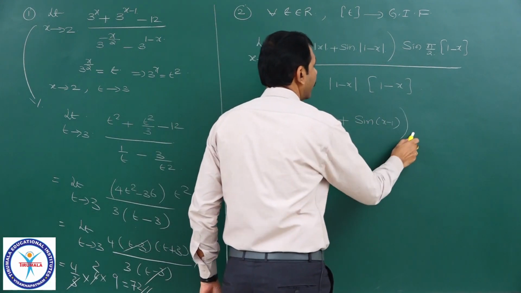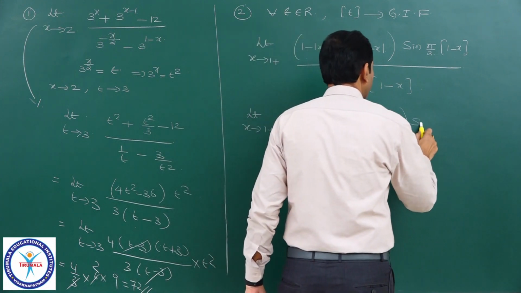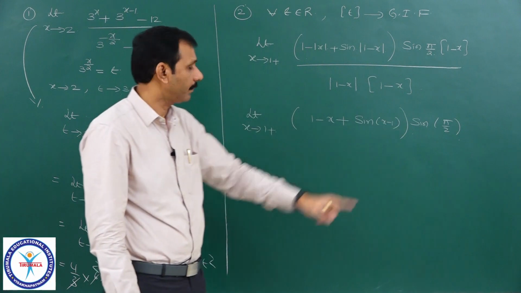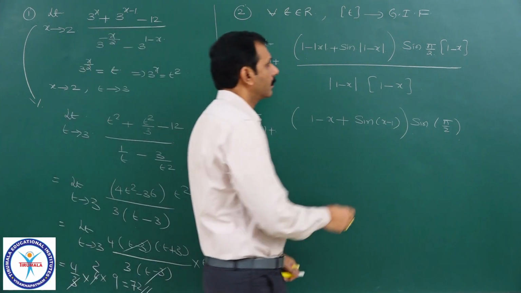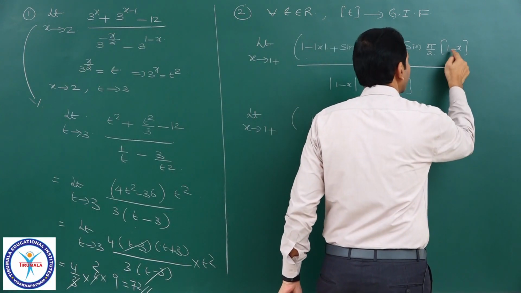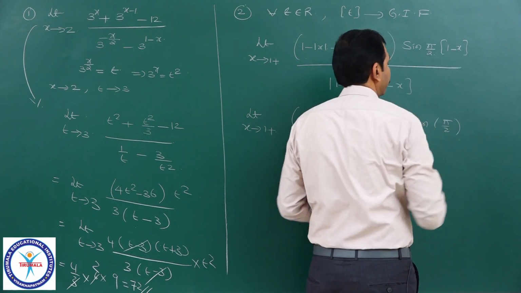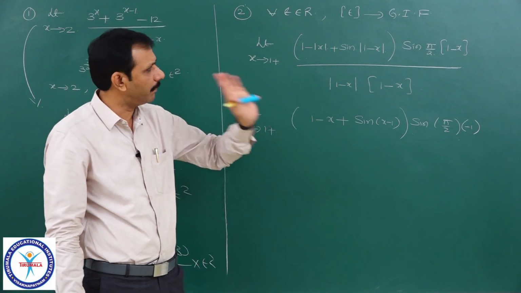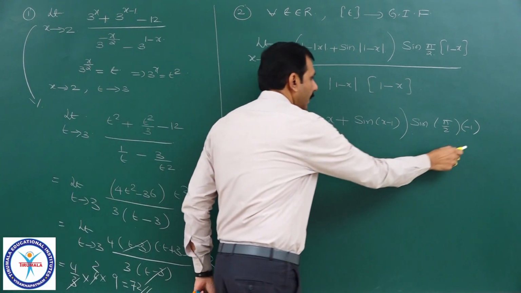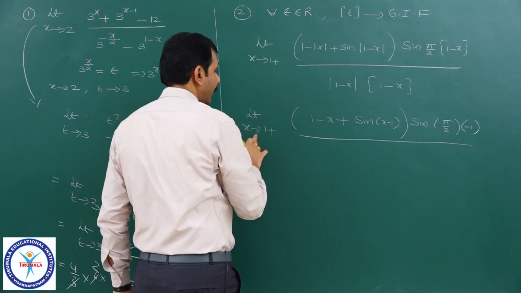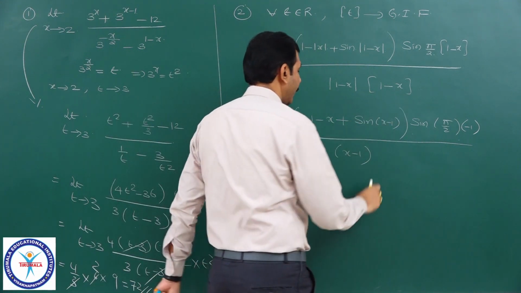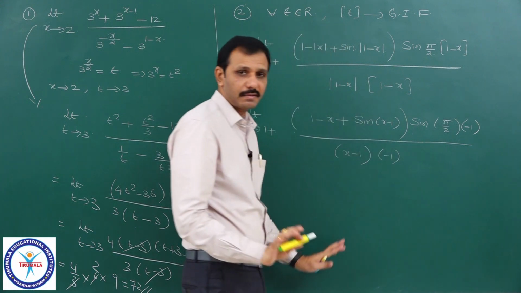It is the first bracket into sine of pi by 2 into step function of x. 1 plus 1 point something means it is minus 0 point something, and minus 0 point something means minus 1. Now, the numerator's modulus and step function got eliminated. In the denominator, 1 minus x will become x minus 1, and step of 1 minus x will become minus 1, that is all.